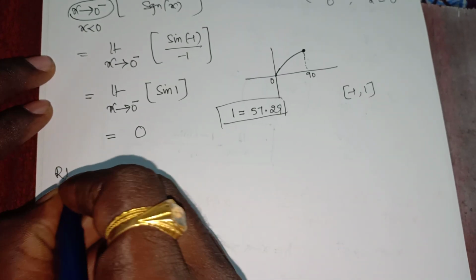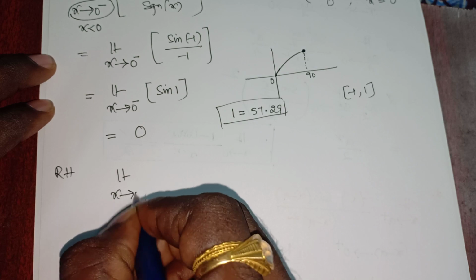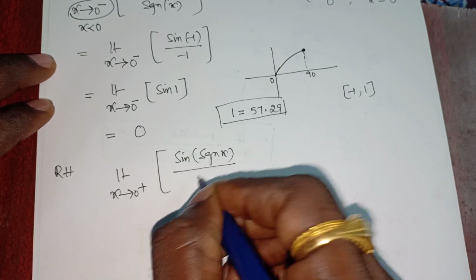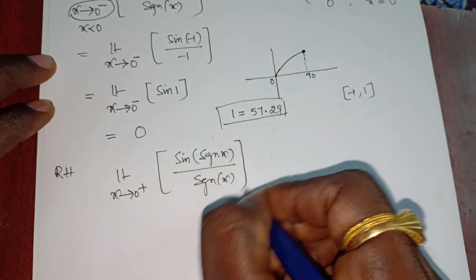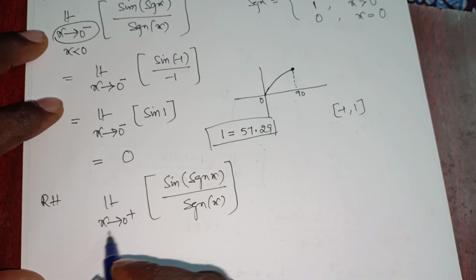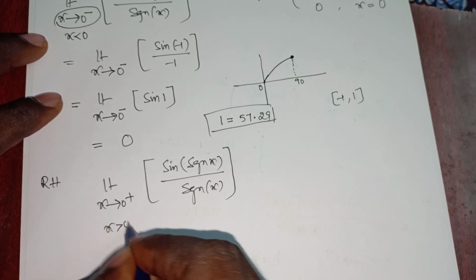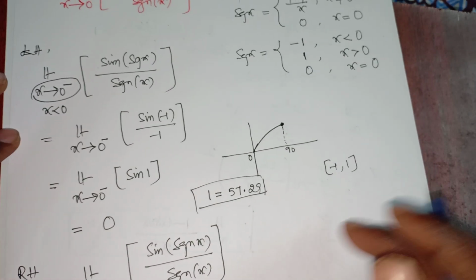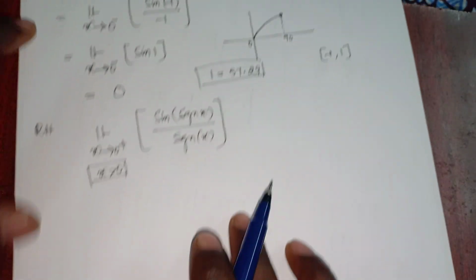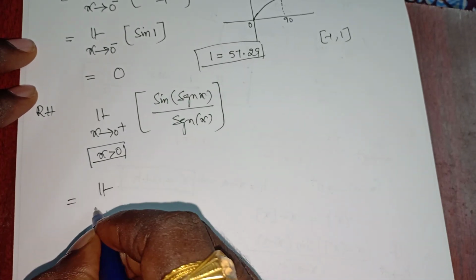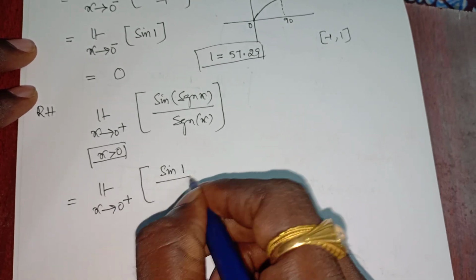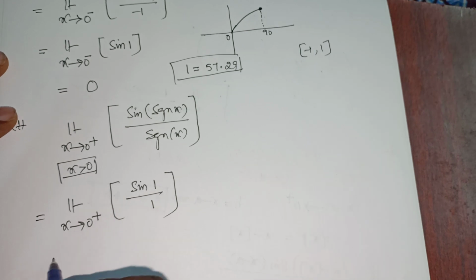Then coming to the right hand limit, limit x tends to 0 plus, [sine of signum of x divided by signum of x]. Now x tends to 0 plus, what does it mean? x is greater than 0, but very close to 0, on the right hand side. So if x is greater than 0, signum of x is what? Plus 1. Now replace it with plus 1: limit x tends to 0 plus, sine 1 by 1, which is nothing but sine 1.